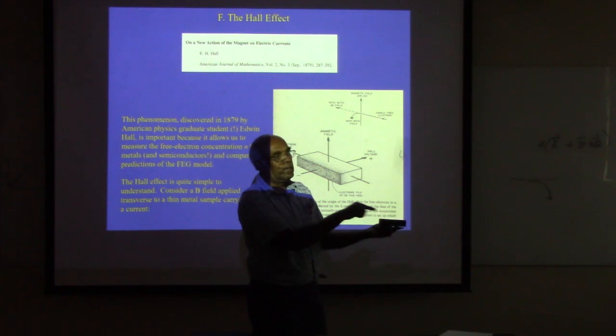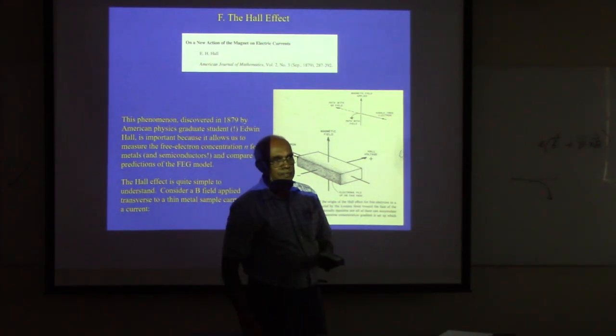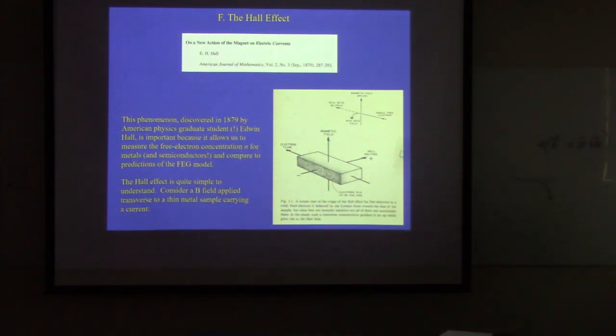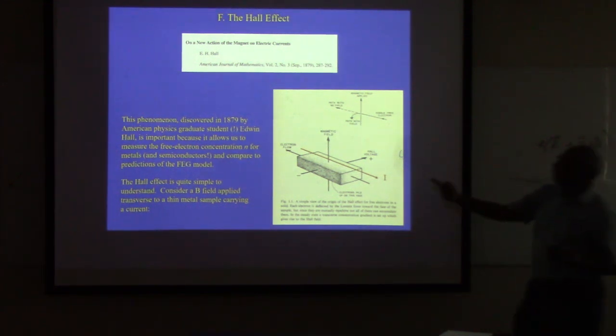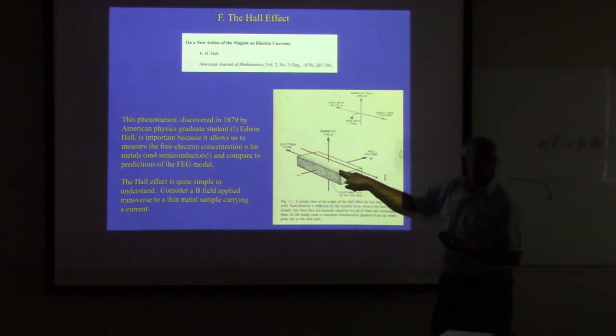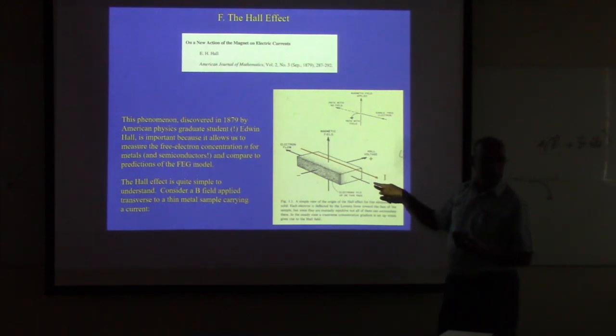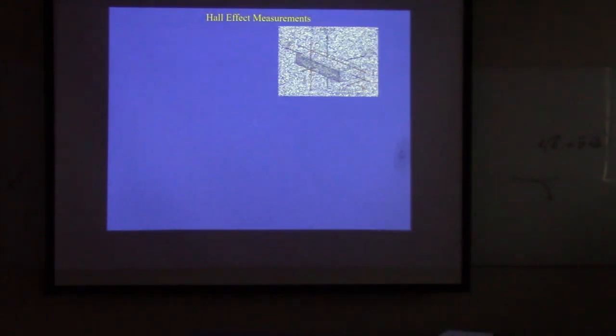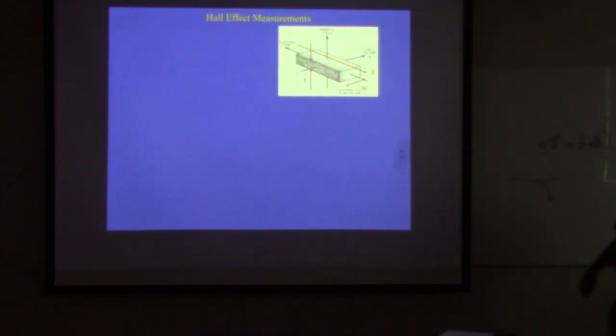So that is called the Hall field or Hall voltage. Is that clear? So this is how it works: electron moving this way means your conventional current is this way, right? That's clear.